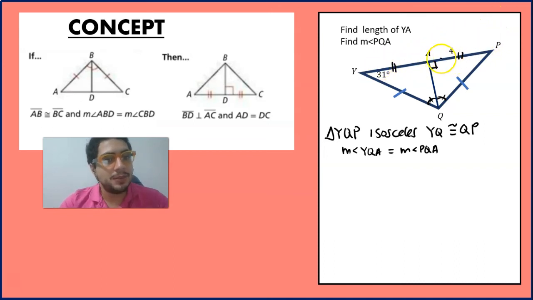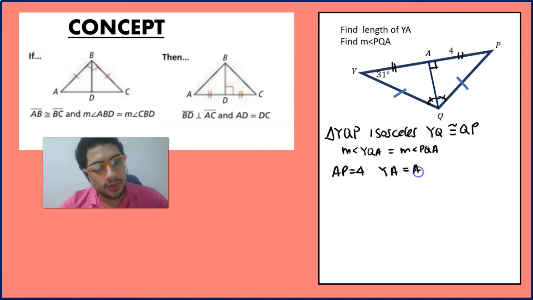So that means that because AP is 4, we know that YA is equal to AP. So YA is also going to be 4. That's the first thing we know.